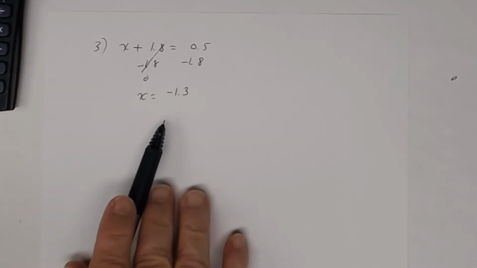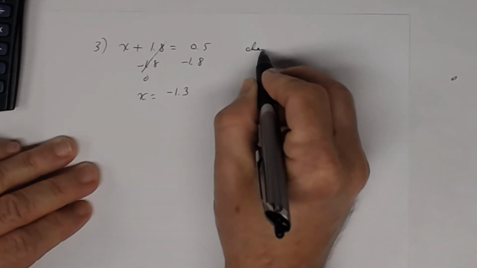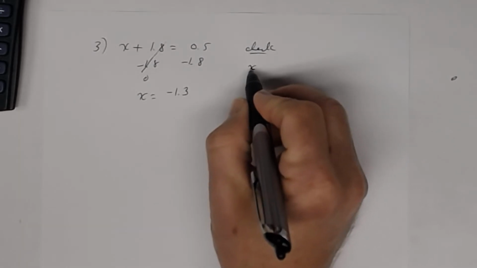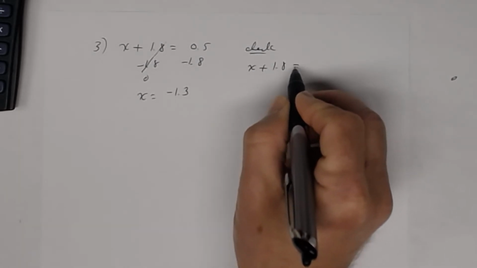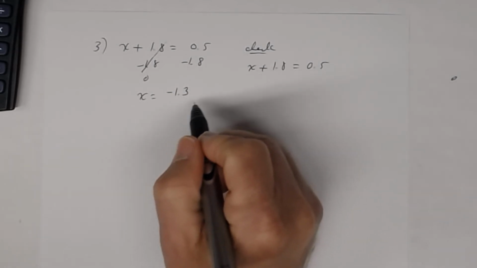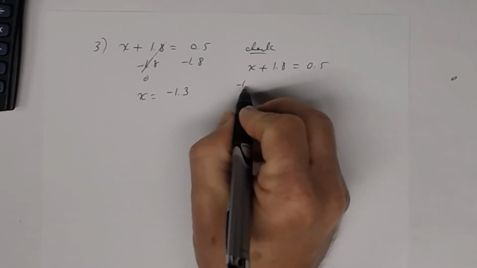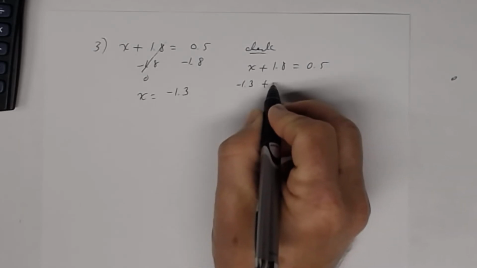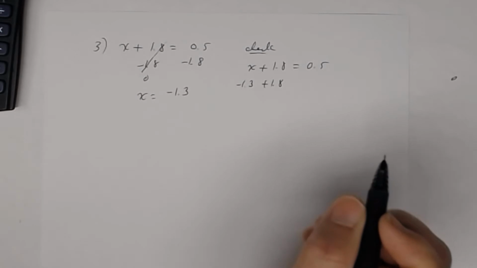So now let's go ahead and check. When we check, we go back to the original problem, x plus 1.8 equals 0.5, right? In place of x, I'm going to substitute negative 1.3. Negative 1.3 plus 1.8.